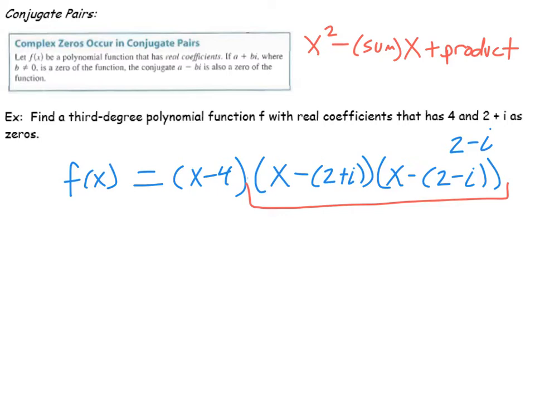This is kind of a weird one. We want to get to a cubic that has all real number coefficients. It actually says in there that we need real coefficients, but we're dealing with the issue that two of its zeros are imaginary. This is where we're going to make that jump. We've got to figure out, what is 2 plus i plus 2 minus i?